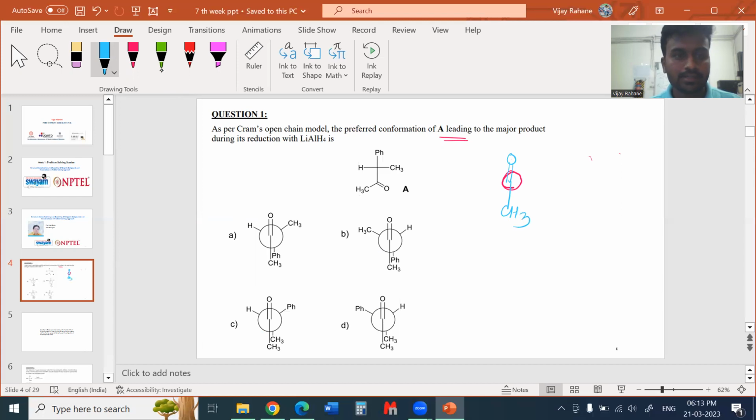On the back side, there will be a CH3, a hydrogen, and one pH. So in the back side, there will be CH3, H and the pH.